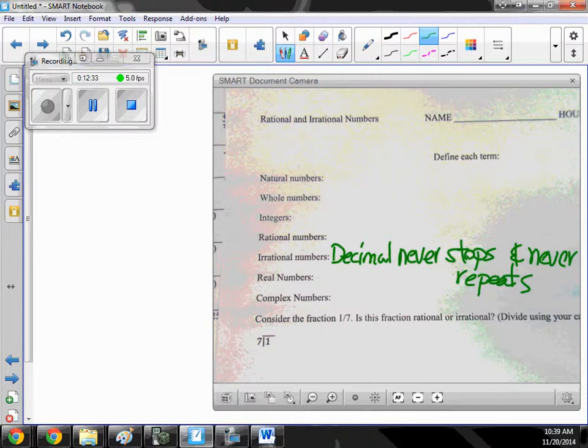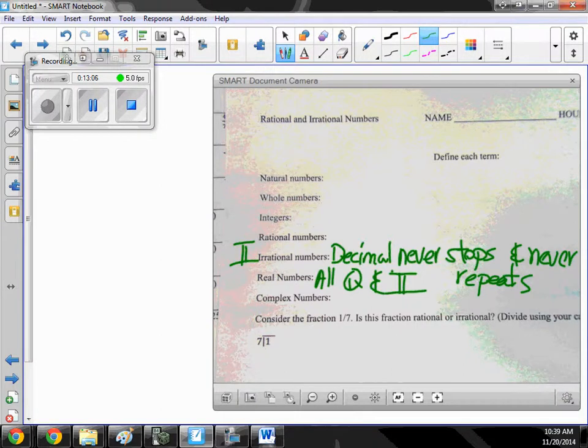What are real numbers? Real numbers are all Q and irrational, the symbol is an I. Q and I. Now, inside Q, we also have Z and W and N. But I don't need to list Z, W, and N because Q contains all of those.